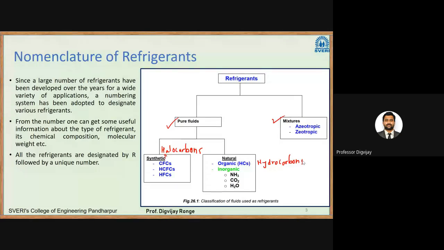Yes, anybody? So you must have studied organic chemistry and inorganic chemistry in your 12th. At that time, didn't this question arise in your mind, why there are two separate streams, organic and inorganic?